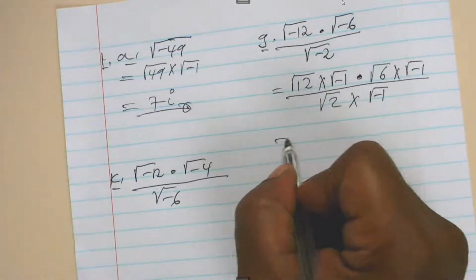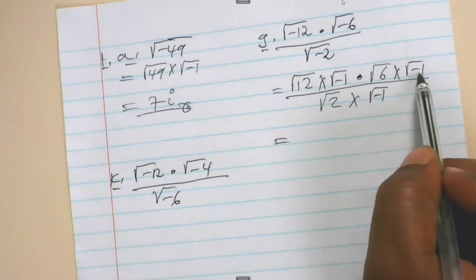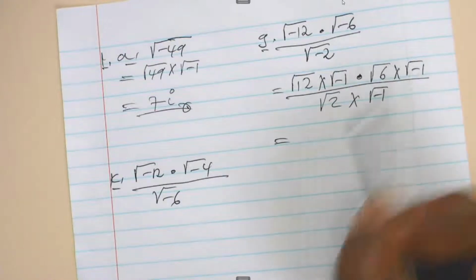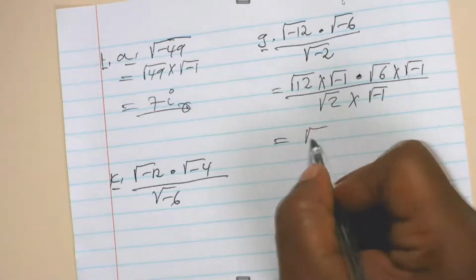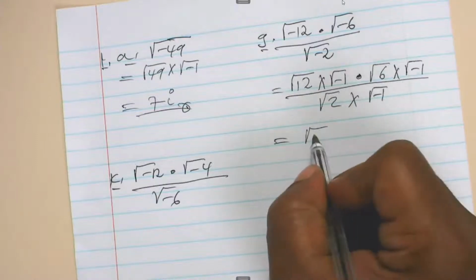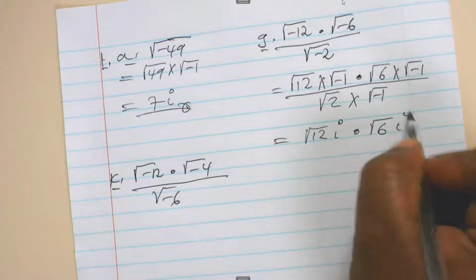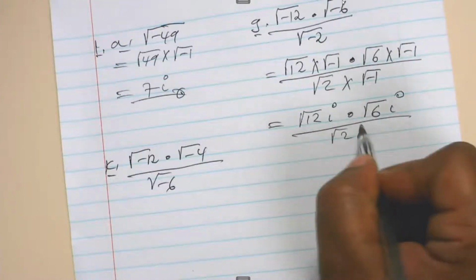And then when we come here, I think it would be easy for us to say, what is the value of square root of negative 1? We said it will be square root of 12i multiplied by square root of 6i, and what we have here, square root of 2i.